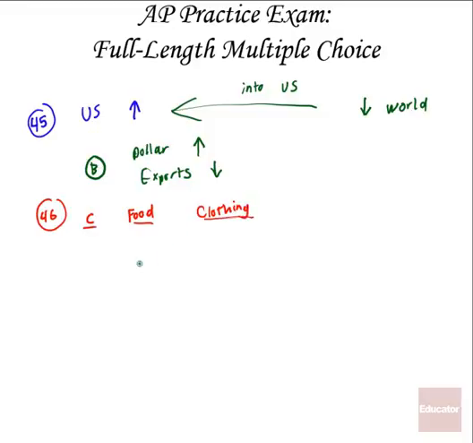Okay, and so you have country X and you have country Y, and 50 hours is used to create 1 unit of clothing, 1 unit of food in country X. 10 hours for country Y for food, and then 20 hours for country Y for clothing.